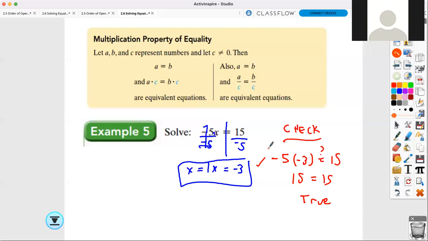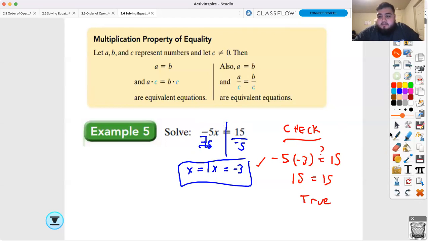Why is it -5? Why are we dividing by -5? Well, remember the original equation, what's next to the x? -5. And now remember our objective when solving an equation is we want to get what by itself? The x, right?